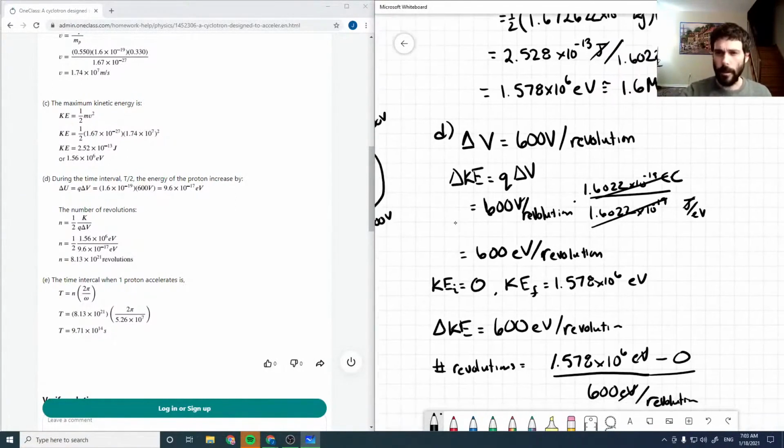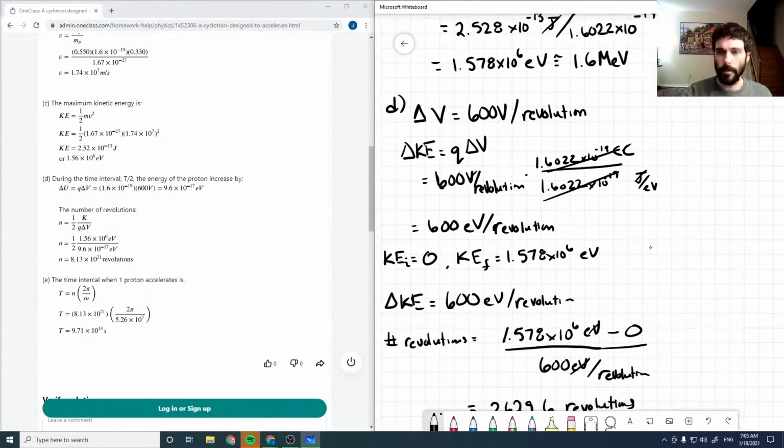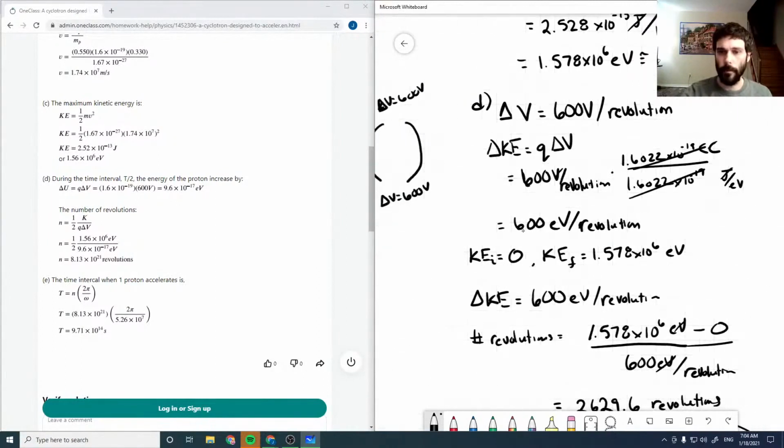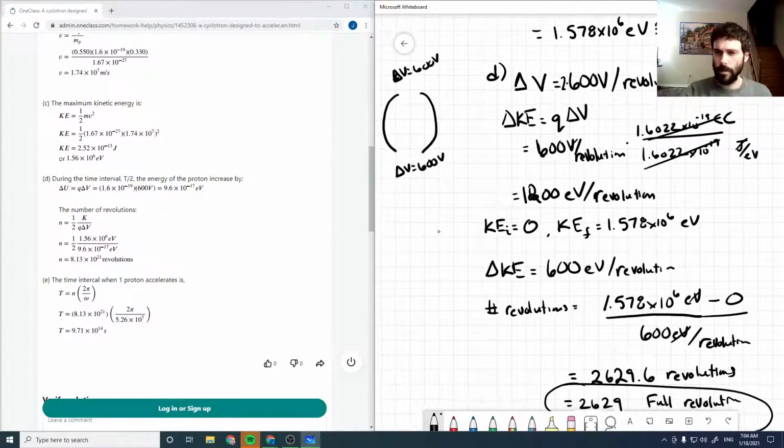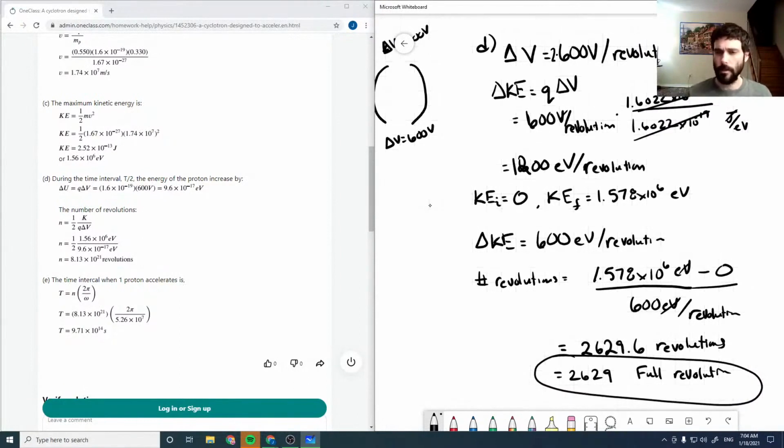Okay, so then my delta V should be 2 times 600 volts per revolution. So this should be 2 times this, so then 1200 eV per revolution, which significantly changes things. So again, 1200 eV per revolution.